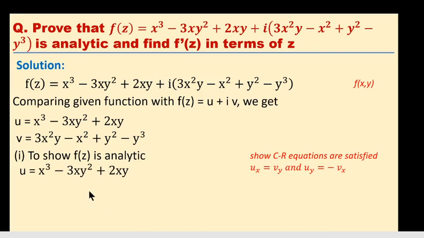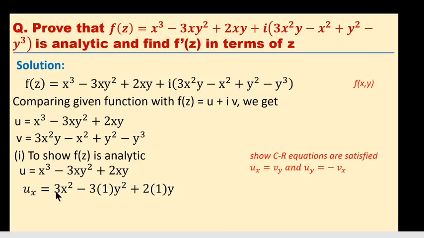So, first let us take the function u and we find the partial derivative of u, first with respect to x. Now, partial derivative of u with respect to x is, so we take each term and differentiate it with respect to x while treating the other terms as constant. So, let us take the first term. Here we have got x cube.